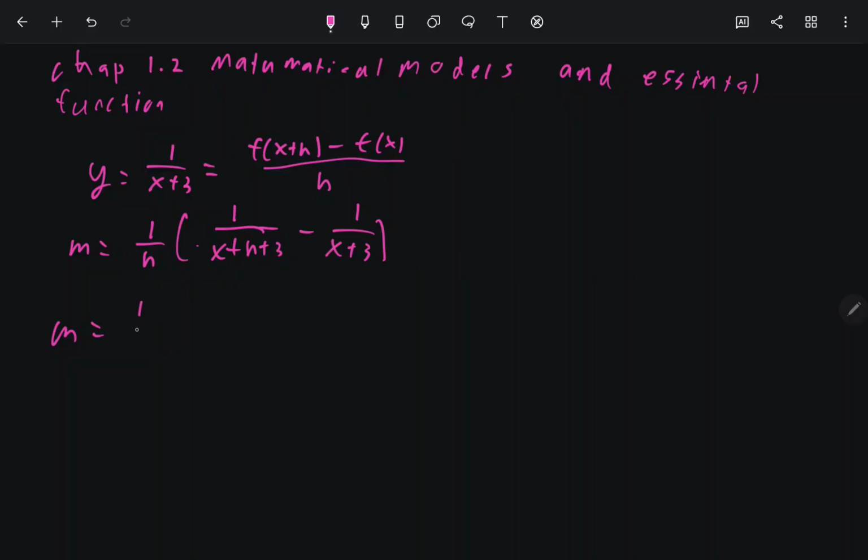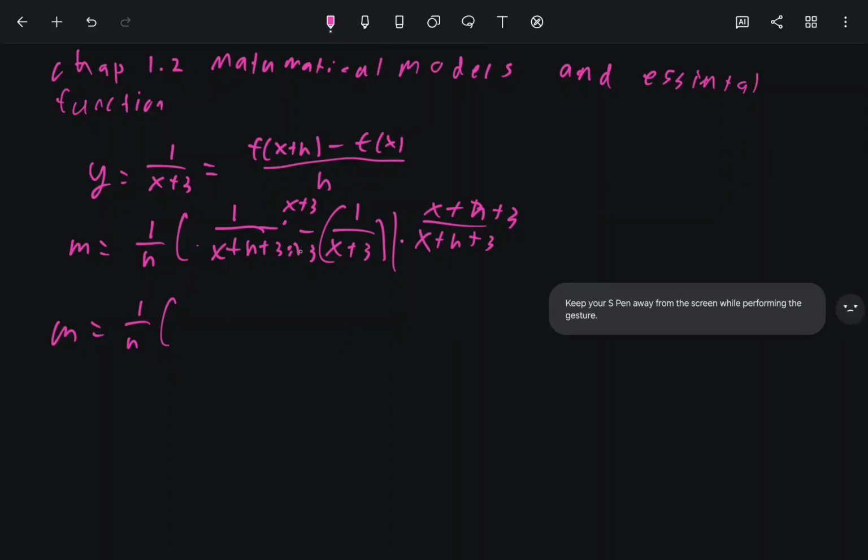Well, let's multiply the top and bottom of both the fractions here, this one by x plus h plus 3, and this one by x plus 3. Sorry, that's going to get a small bit crowded. x plus 3. There we go.